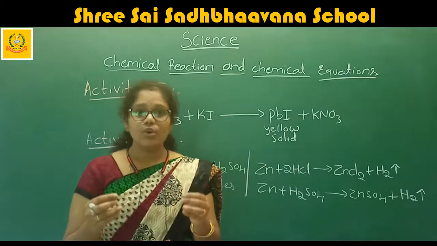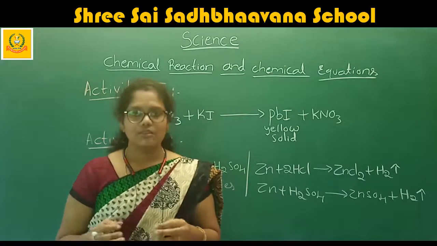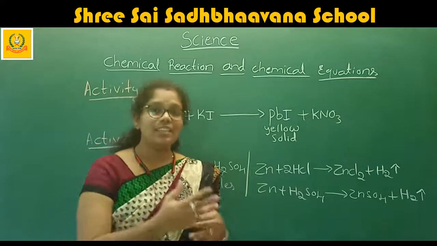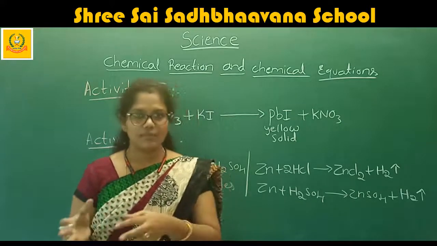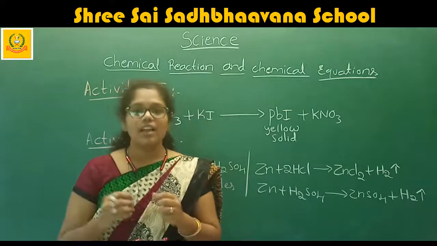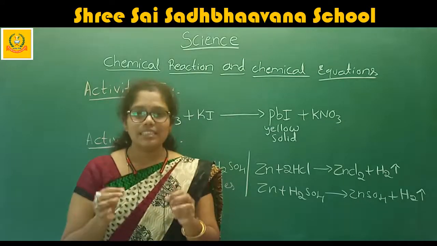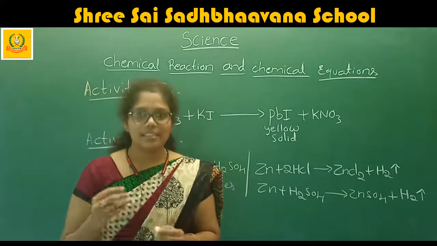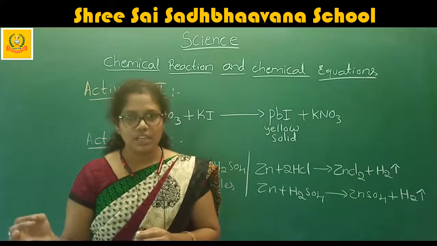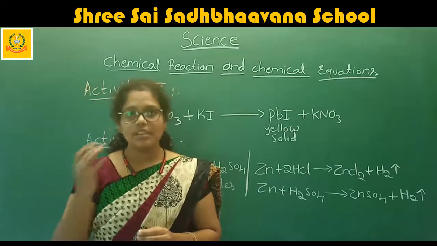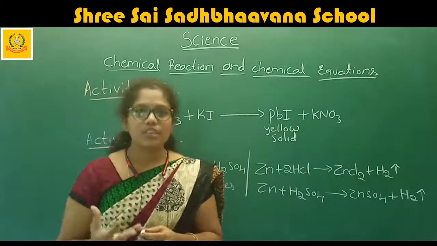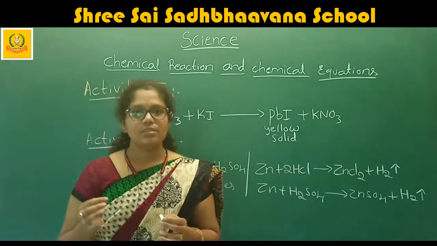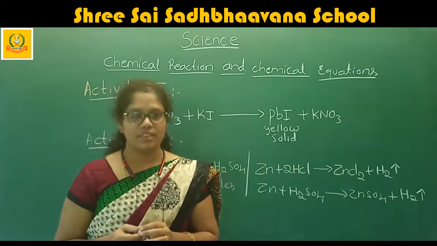And the presence of sourness in the lemon, and in any of the citrus fruits. What are citrus fruits? Due to the presence of the chemical in those fruits, it gives the sourness to the fruits.